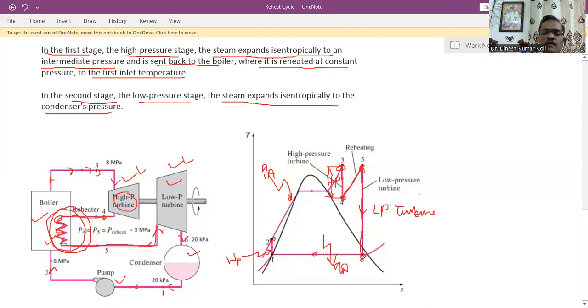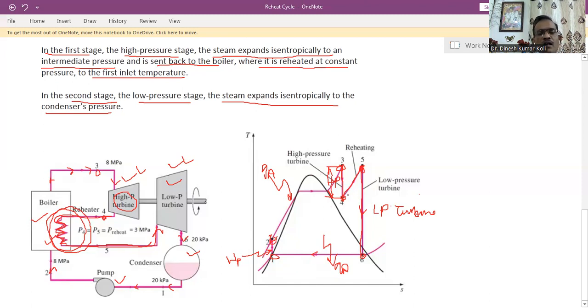Then the water received from the condenser is recirculated to the boiler with the help of the pump. So the expansion of the steam occurs in two turbines, the high pressure turbine and the low pressure turbine, and between these two there is reheating of the steam.